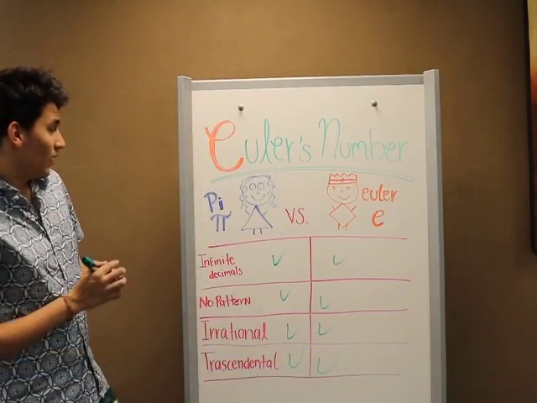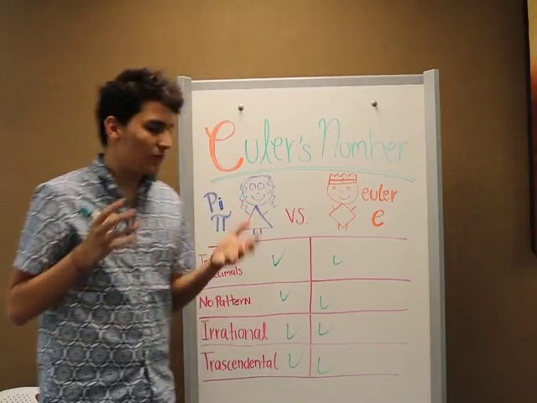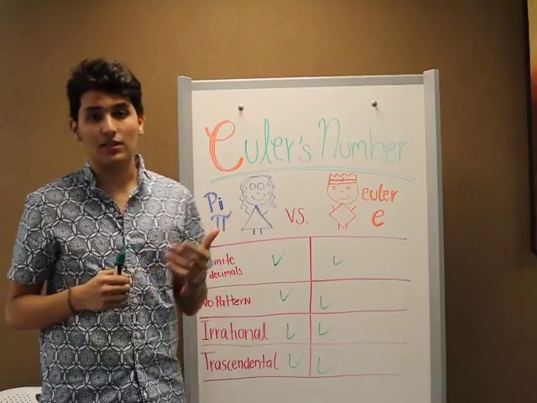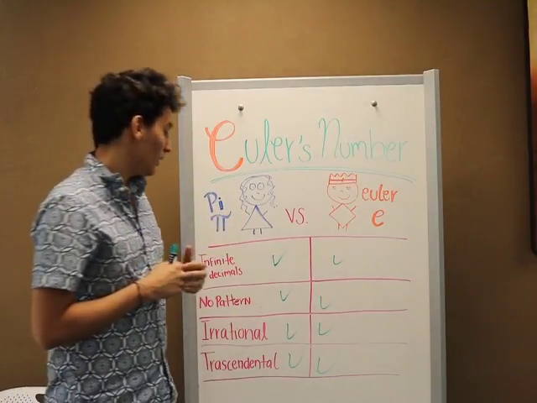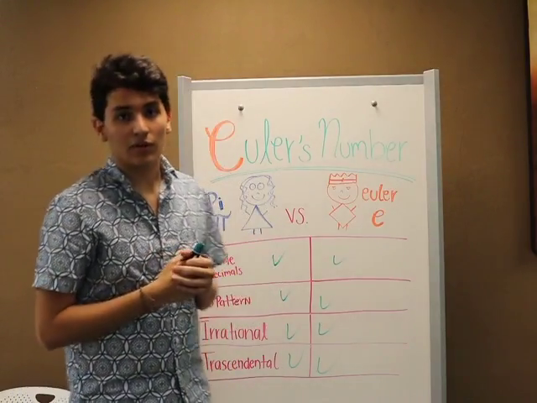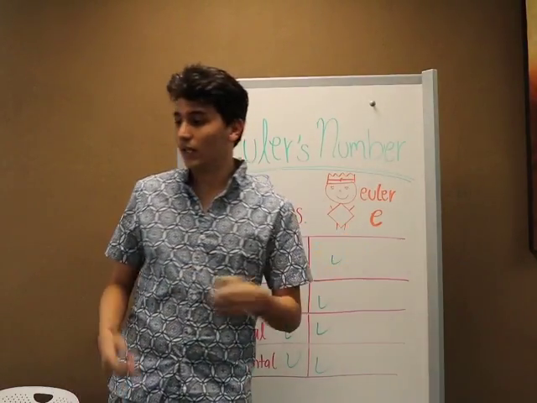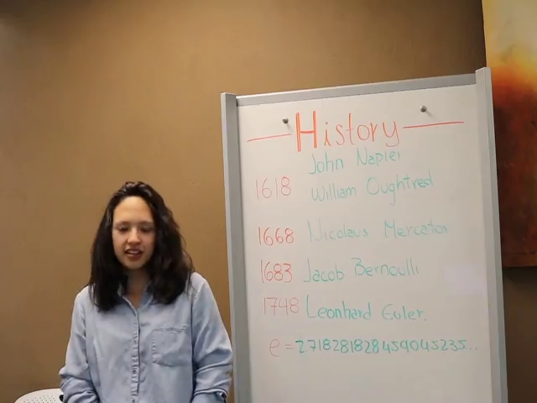So there is no big difference between these two numbers. The only thing that changes is the use of them. Now my co-workers are going to show you the history of the number E and how it works.